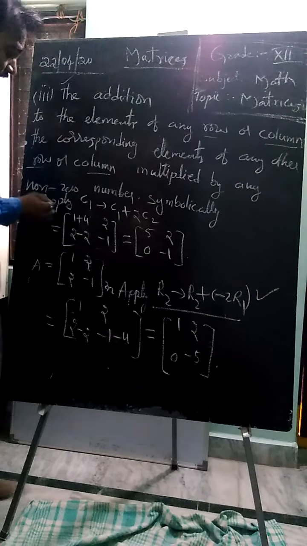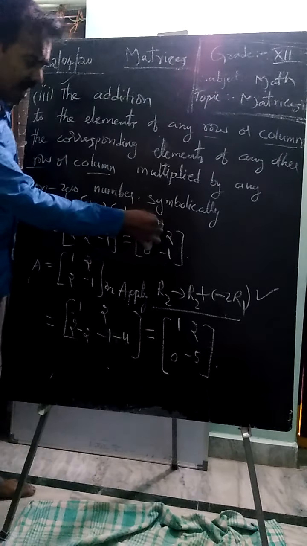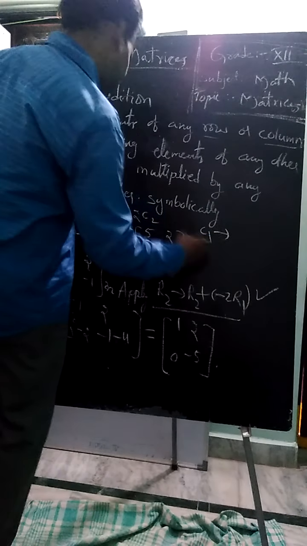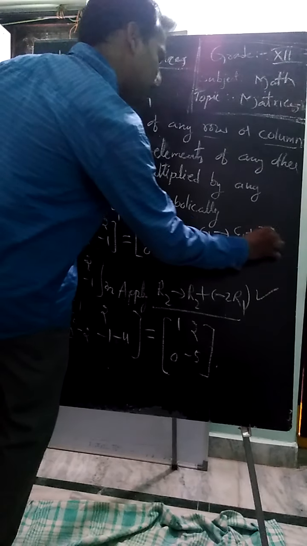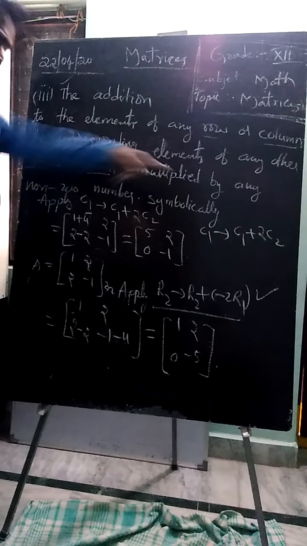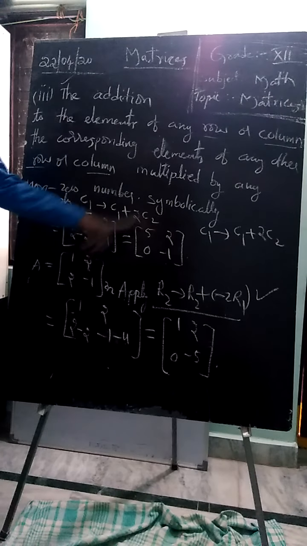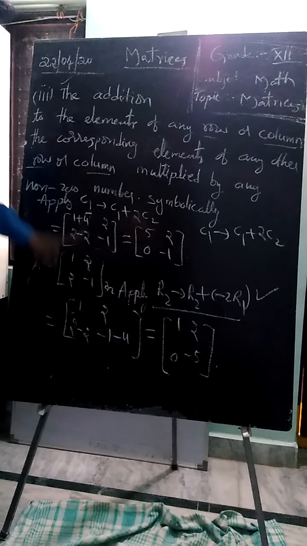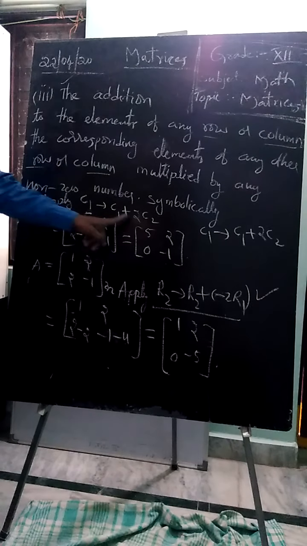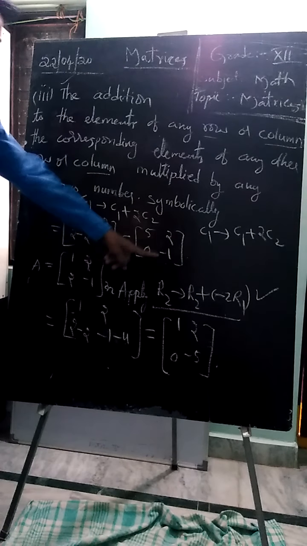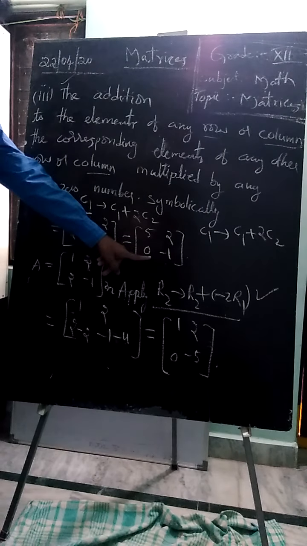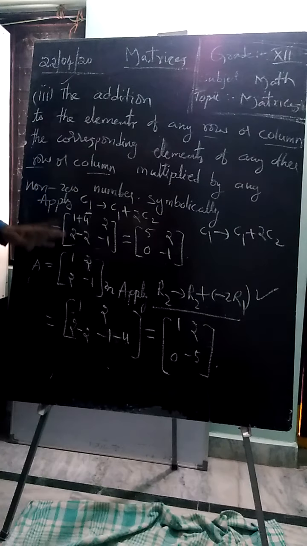Now column wise, we change C1 as C1 plus 2C2, using the second column elements. Now the first element of the first column is 1, plus 2 times 2, which is 4; 1 plus 4 is 5. Now the second element is 2, plus into minus, minus 2 times 2, so 2 minus 2 is 0. The second column has no change.